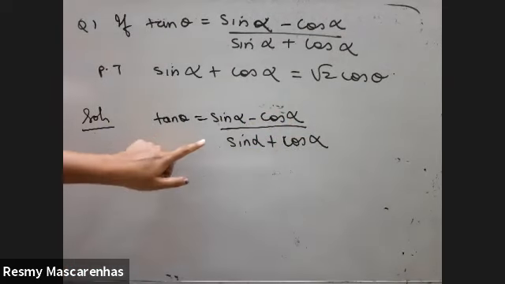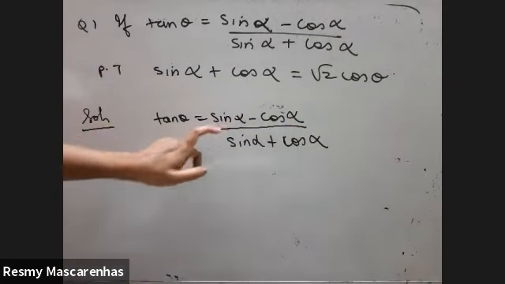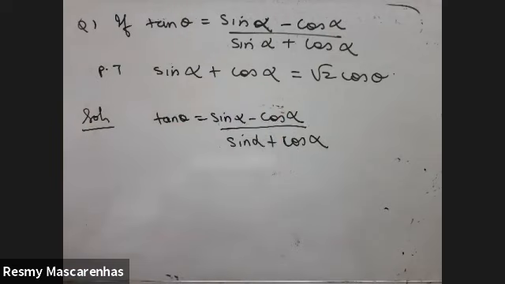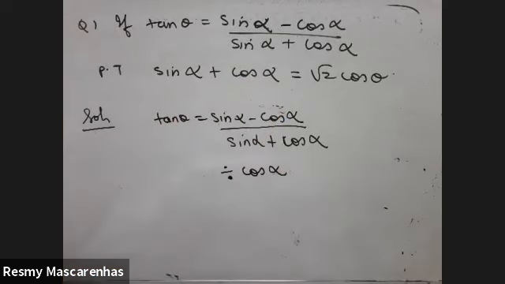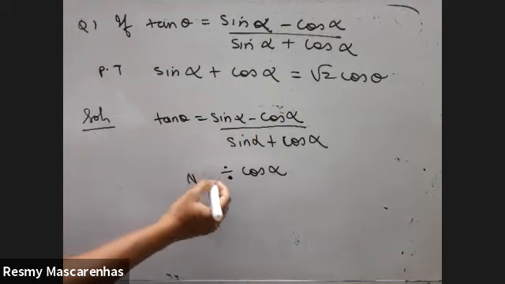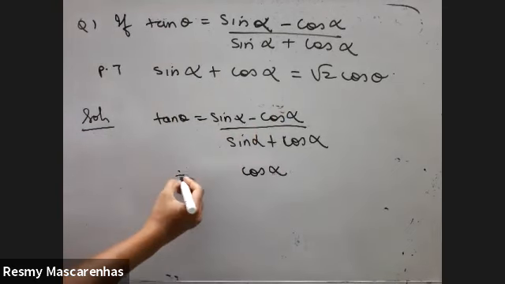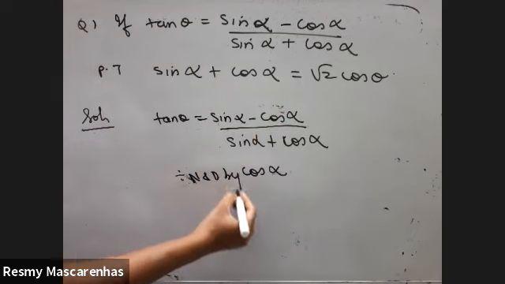Okay, now same like the previous problem, I want to convert this in terms of tan. So I have to divide by cos alpha. If I divide numerator and denominator, what I'll get?